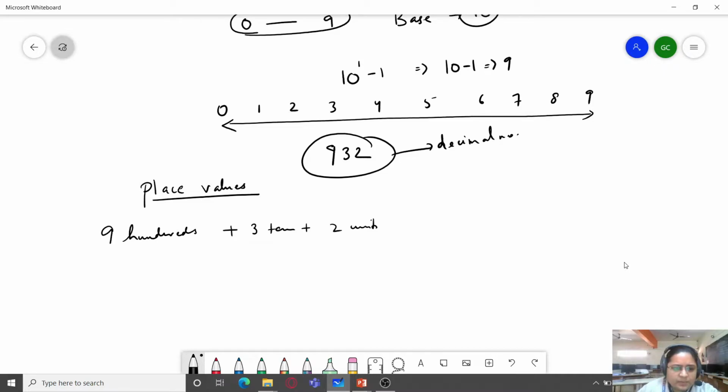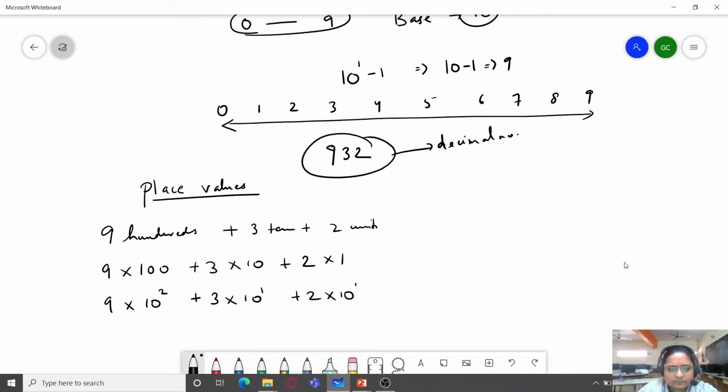That is, it would be 9 into 100 plus 3 into 10 plus 2 into 1, which can be further represented by powers of 10. So this way, if we expand the number, we get back the original decimal number. This is known as place value.